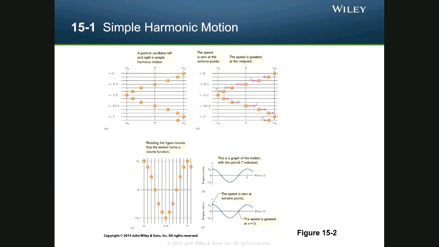So let's take a look at that function again, so you can see what I'm talking about. So xm is our amplitude, and we have times cosine of omega t plus phi. So phi is like your constant of integration. So we'll usually set phi equal to 0 unless otherwise stated.